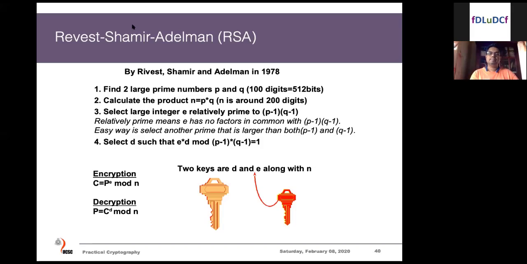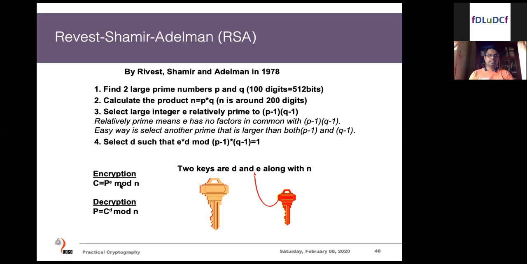What these three people showed the world is that if you can find some E and D which satisfy this equation, then these two equations are correct. What are these two equations? This is called the encryption equation. This is called the decryption equation.